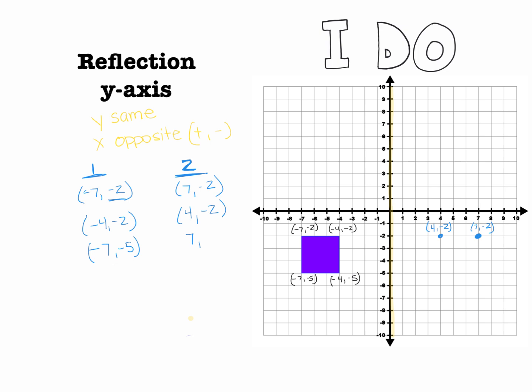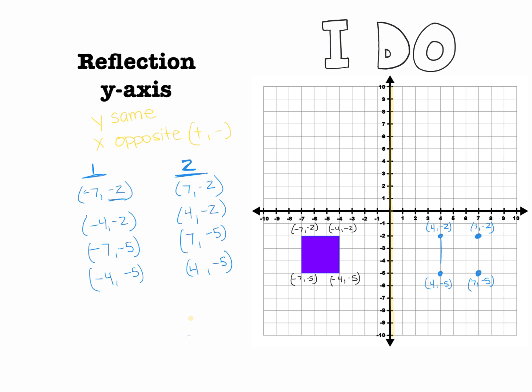Change the x coordinate to a 7 and keep the -5, which is going to be right here, 7, -5. And the last coordinate is -4, -5. Change it to a positive, keep the -5 for the y, and let's label that one.